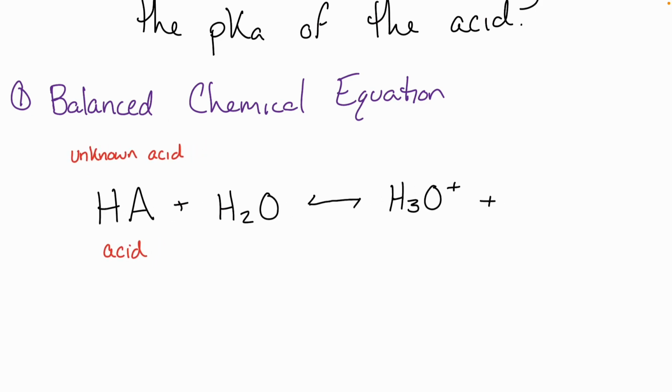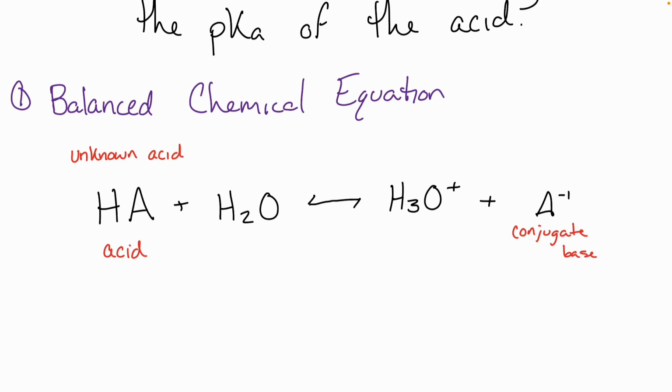All right, when I do my conjugate base, am I increasing or decreasing my number of hydrogens? Decreasing. And when I give my conjugate base, am I increasing or decreasing my charge? Decreasing.